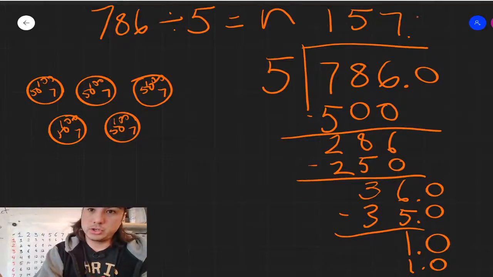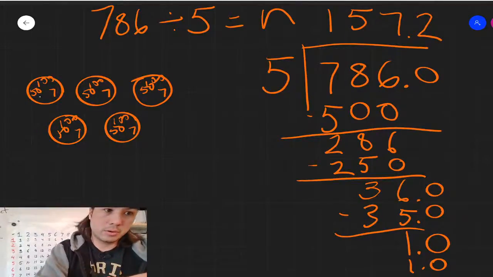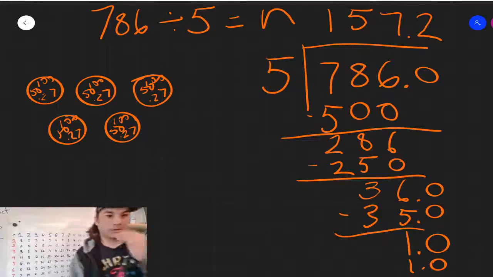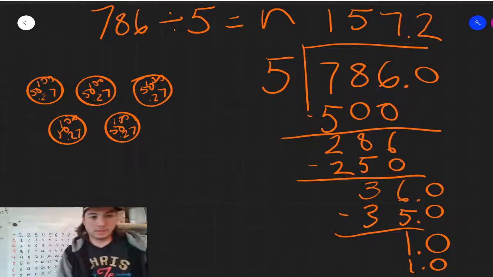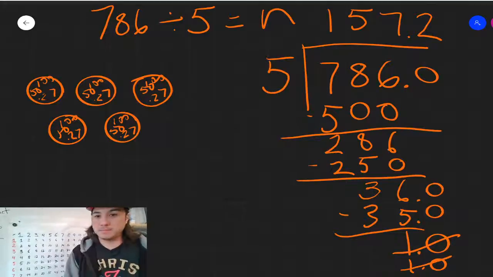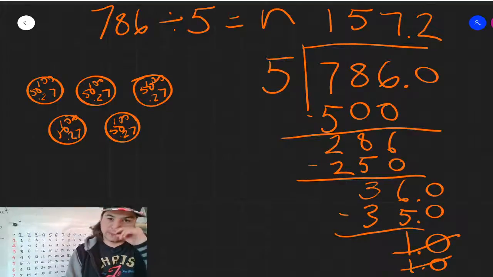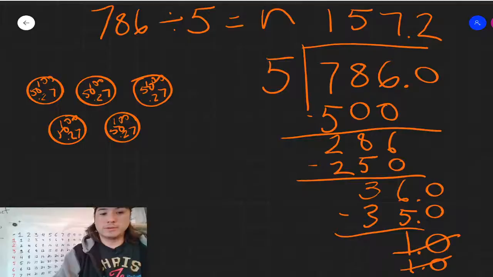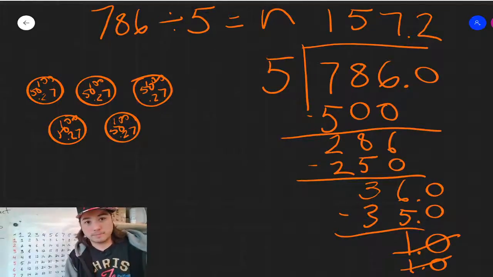I'm going to take my 2 tenths in each group. 0.2, 0.2, 2 tenths, 4 tenths, 6 tenths, 8 tenths, 10 tenths. So that shows I've evenly divided them. Then 10 minus 10 equals 0. So I know I have arrived at my final quotient of 157 and 2 tenths.